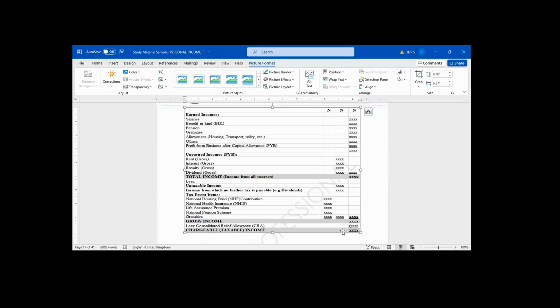From your gross income, the next thing to minus is consolidated relief allowance. From your gross income, the next thing that you need to minus is what? Consolidated relief allowance.